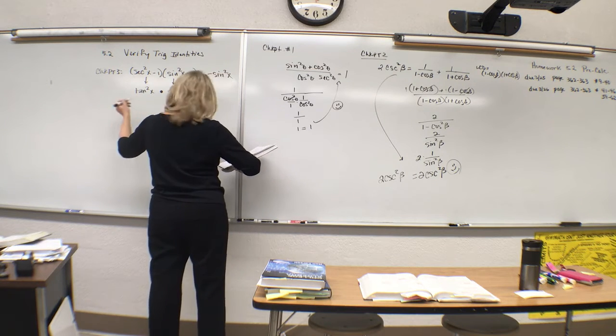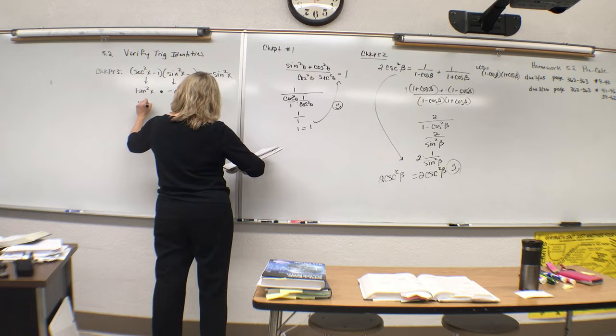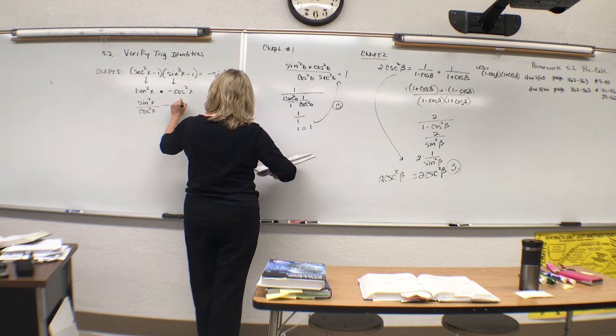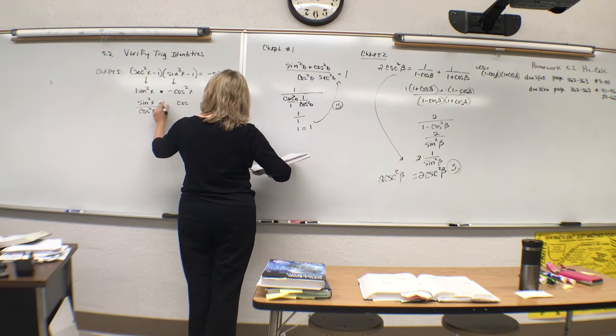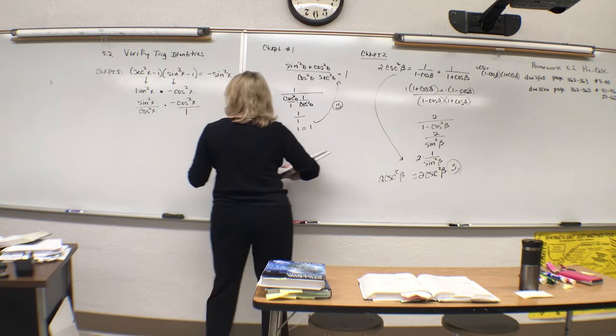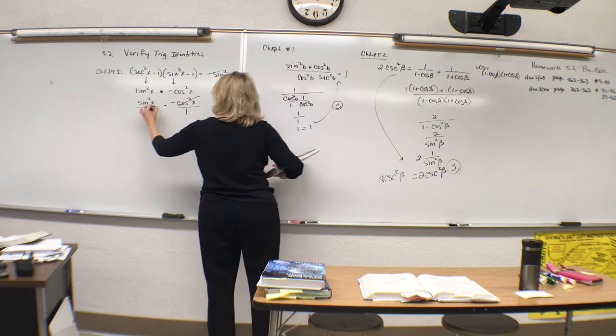Well, once again, let's use then a quotient identity. Tan squared x is sine squared x over cosine squared x, multiplied by minus cosine squared x over 1. Then we can cancel common factors.